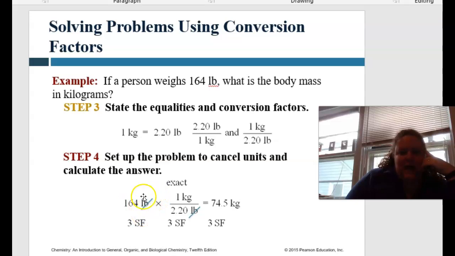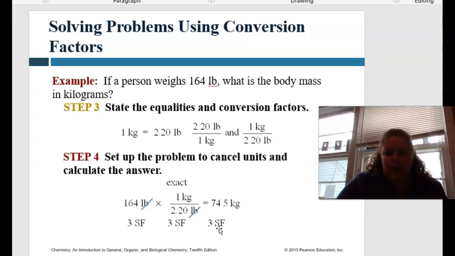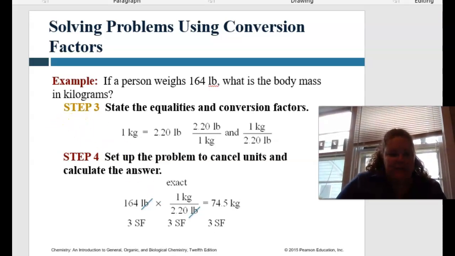Then we would cancel out pound and pound, and then multiply 164 by 1 and divide by 2.2, and that gives us 74.5 kilograms. Double check your sig figs: 3, 3, and then 3. So that's that application of what we were talking about and how we can actually utilize it.